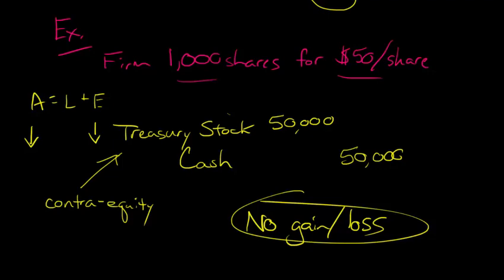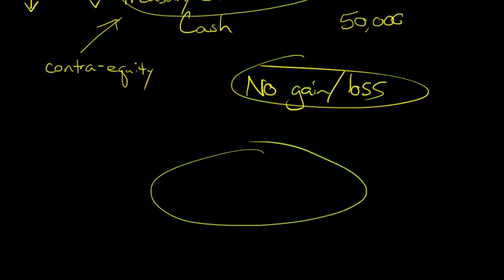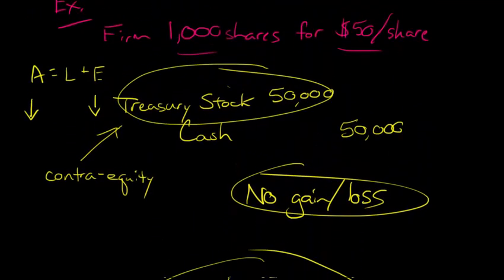And another thing to bear in mind is that when the firm repurchases this stock, it's not like the stock just goes away, right? The firm has a certain amount of shares that it's issued, but it doesn't automatically retire those shares. So let's say it's 1,000 shares.